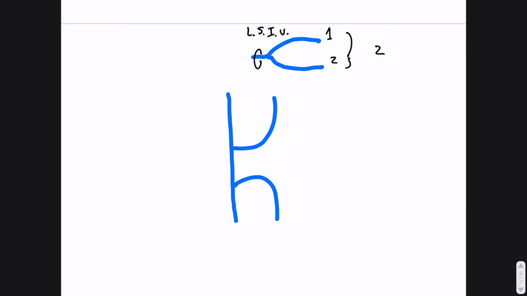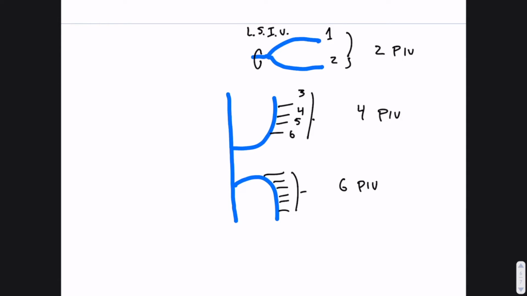So we have 2 posterior intercostal veins going into that. And then we had the accessory hemiazygos, which is going to have 4. So that's spaces 3, 4, 5, and 6. In total, that's 4 posterior intercostal veins. And then we get to the hemiazygos, and we have 6 posterior intercostal veins. So 6, 4, and 2 equals 12. So now we've covered each intercostal space there. So we're good on that side.